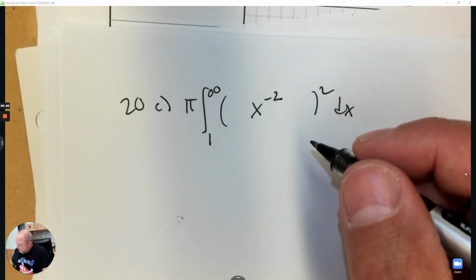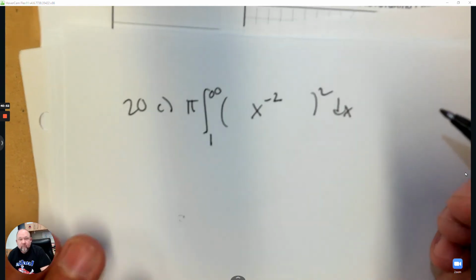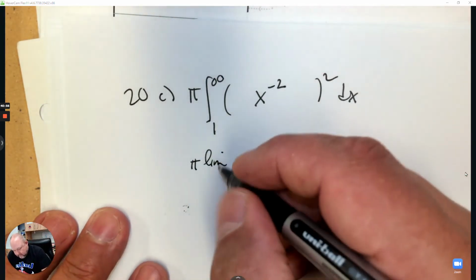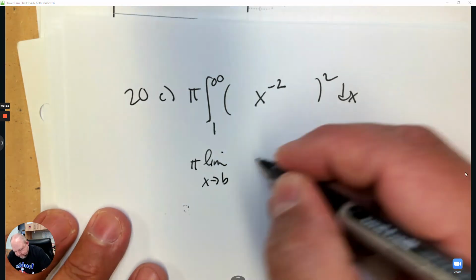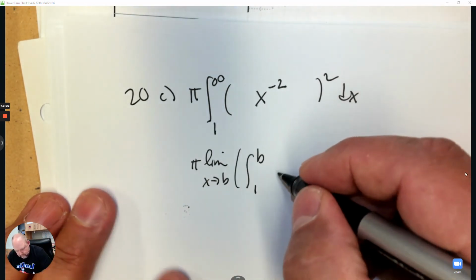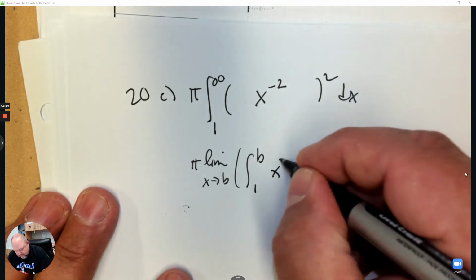And that's what you would solve. So you can see we can use A or B. Together, this is x to the negative 4.